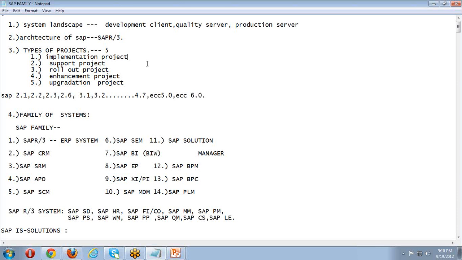Because a lot of people get confused between the end user's job and the consultant job. Sometimes you learn HR, you learn end user job and you assume that you know everything about consultant job, but that is not true, because you can have this clear understanding only when you have an idea how the whole cycle works.